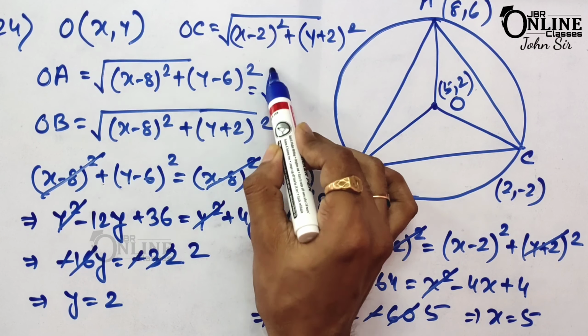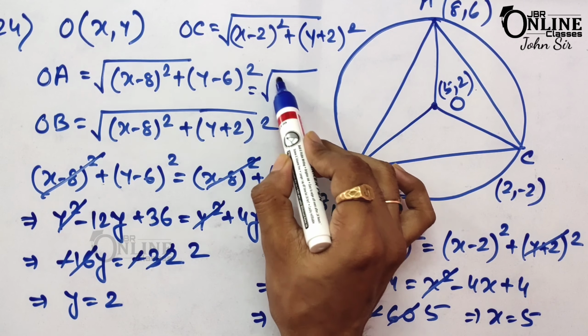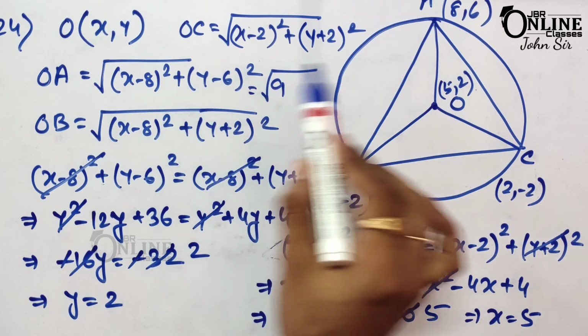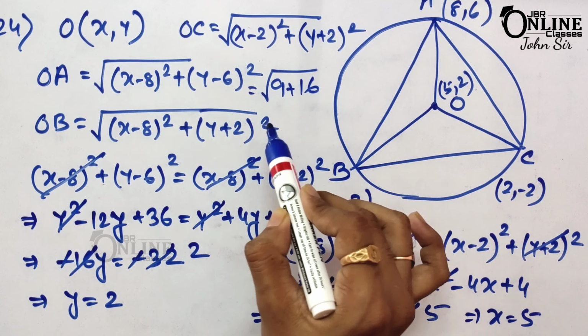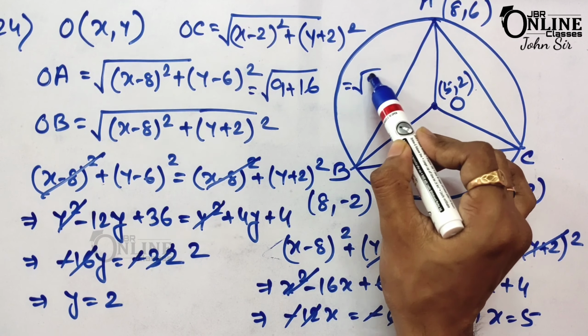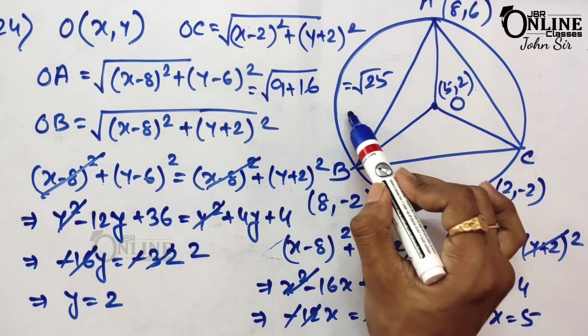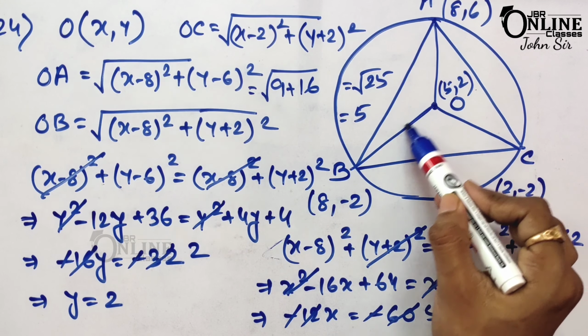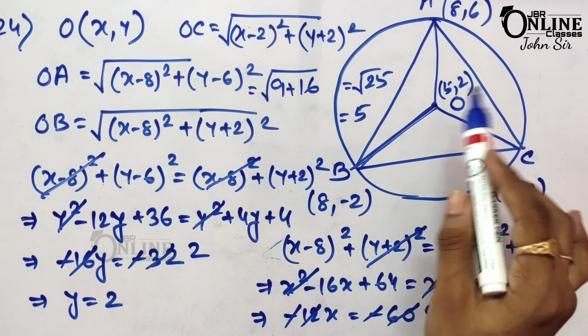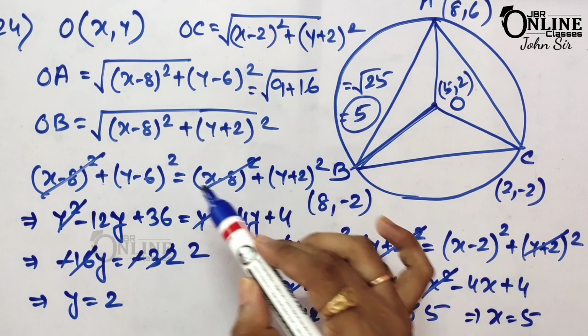So minus 3 whole square means 9. Next, 2 minus 6 means minus 4. Minus 4 whole square is 16. So that equals root over 25, and you know that root 25 means 5. So 5 units is the circumradius. Okay, so 5 units is your answer.